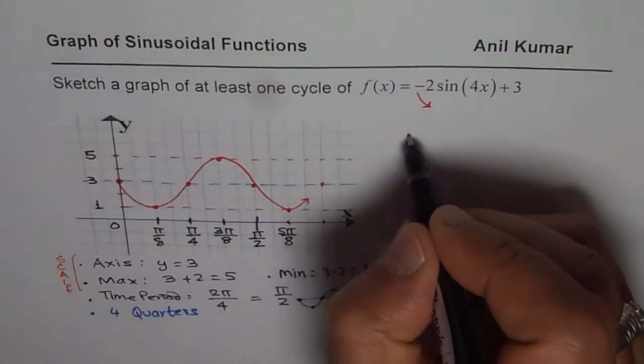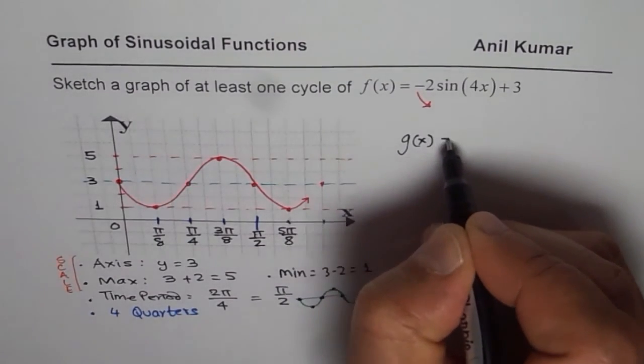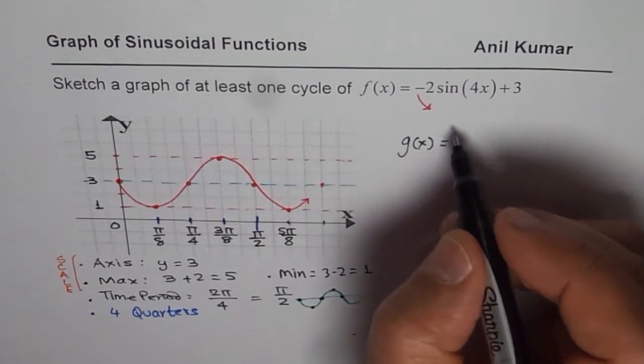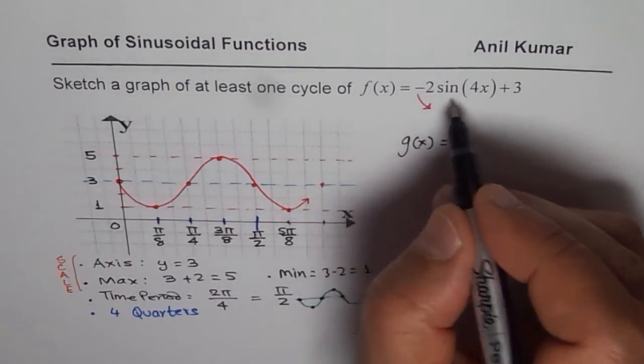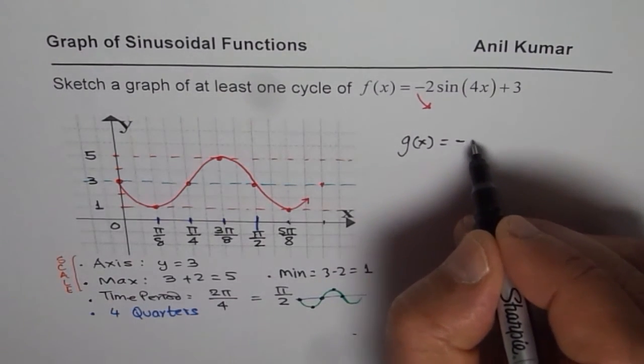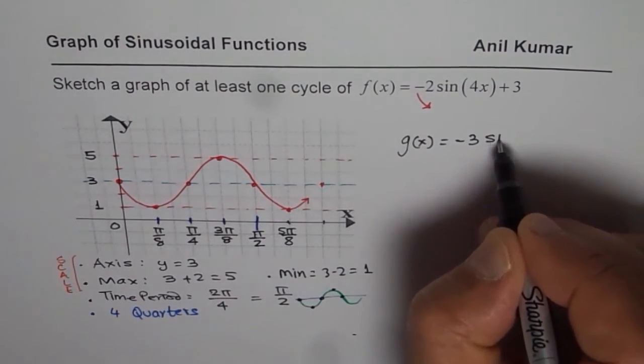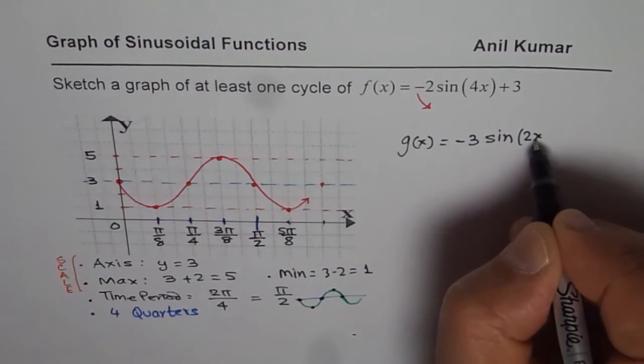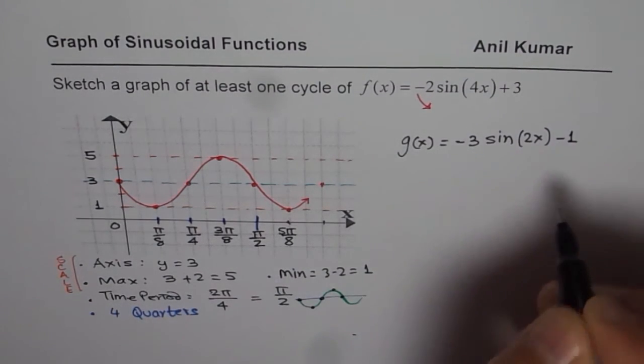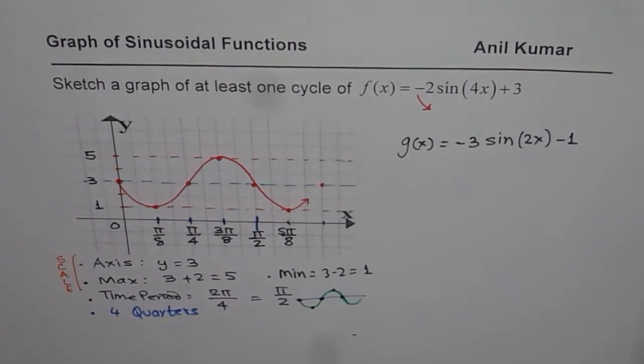Now to practice, you could sketch a function g of x, and let me change this a bit. So let us say that it is minus 3 sine of 2x minus 1, right? So try to sketch this graph on your own following this method. I hope that helps. Thank you and all the best.